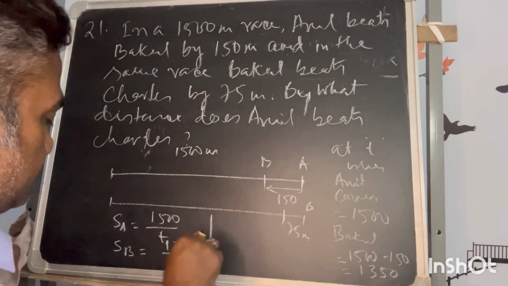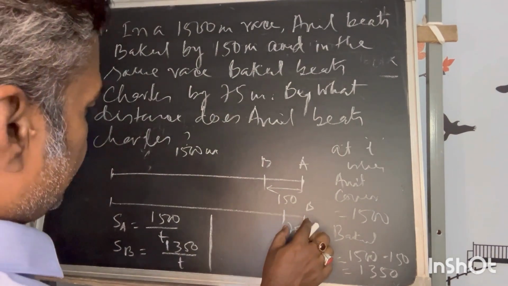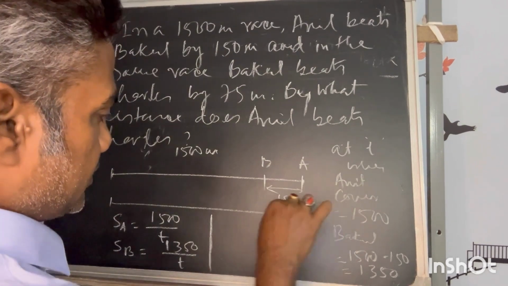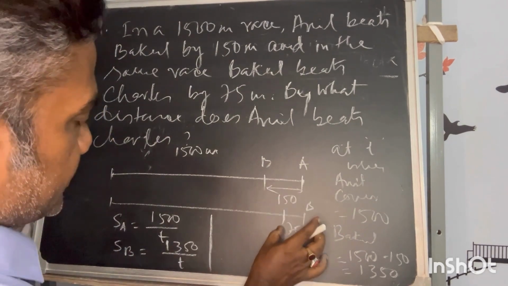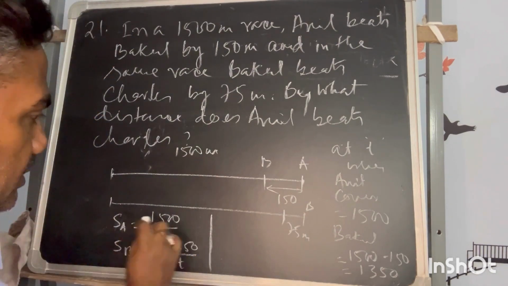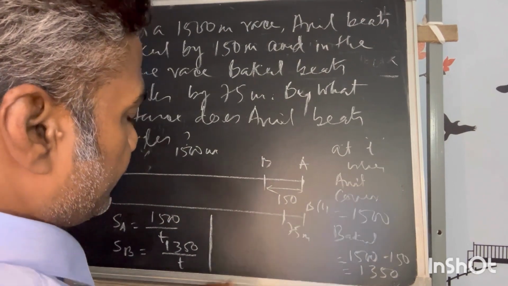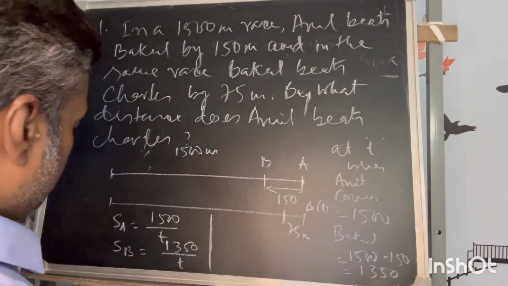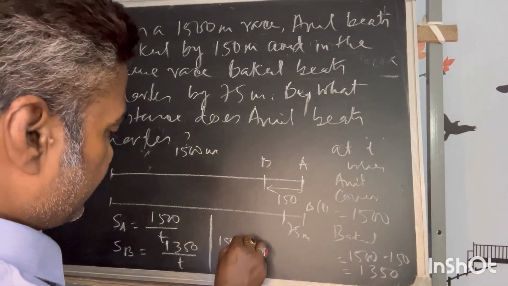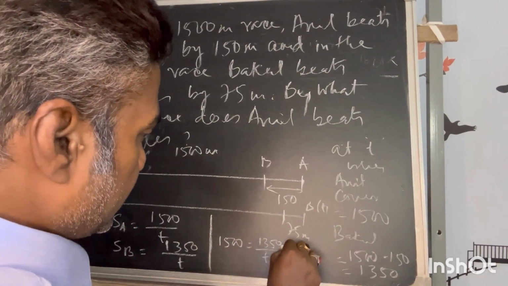Okay. And if it is the second case, when Bakul has reached the terminal, beating Charles by 75 meter. So with this speed, let's say Bakul reaching the terminal takes t1 time, isn't it? So with this speed Bakul is covering 1500 in time t1.